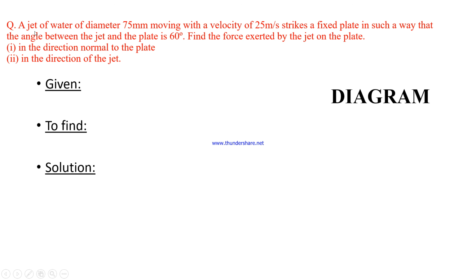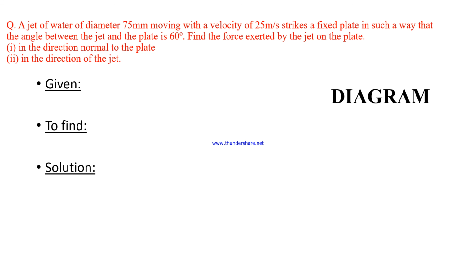In the numerical, it is given a jet of water of diameter 75 millimeter. So the diameter of the jet is 75 millimeter, convert it into meter. This jet is moving with a velocity of 25 meter per second, that means the velocity of the jet V is 25 meter per second.